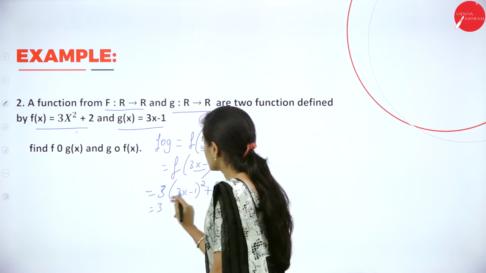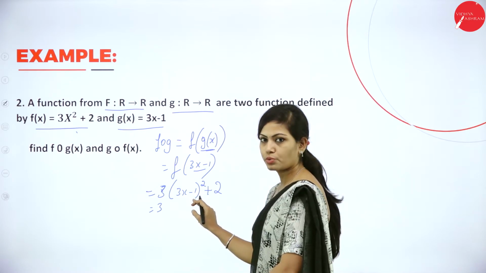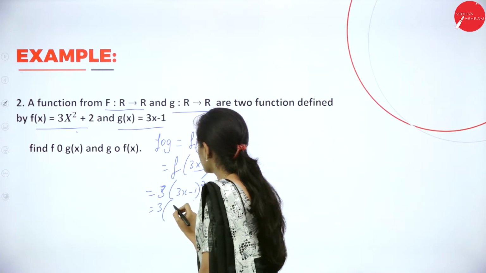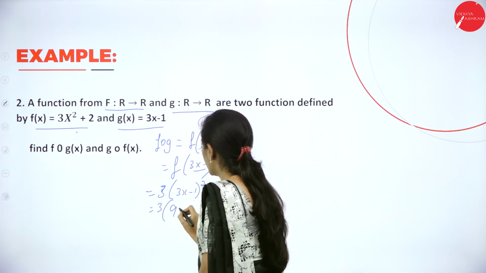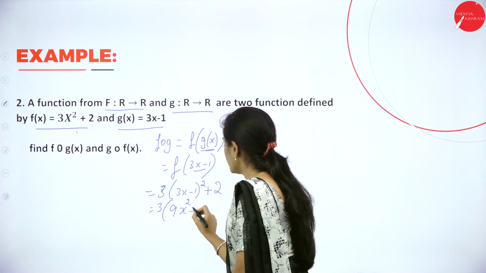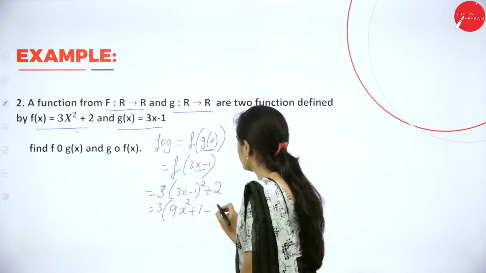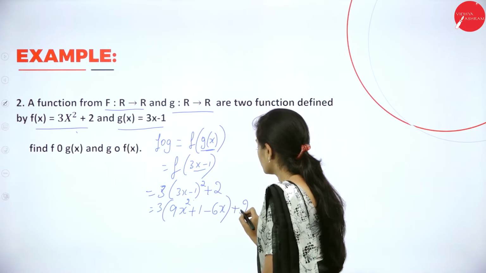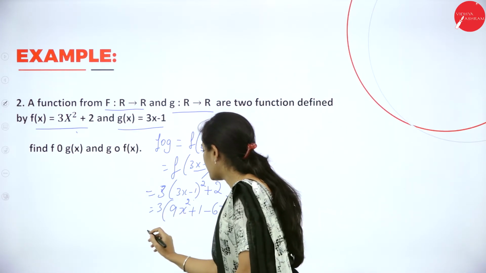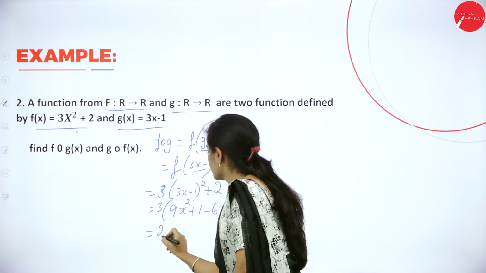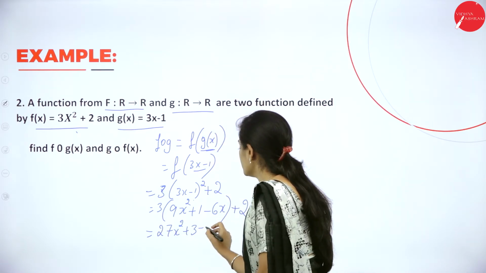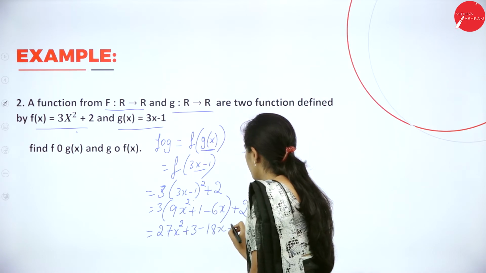Now this is in the form of (a minus b) whole square. a square plus b square minus 2ab is the formula. So a square means 9x square plus 1 minus 6x, plus 2. And again multiply by 3: 27x square plus 3 minus 18x plus 2.